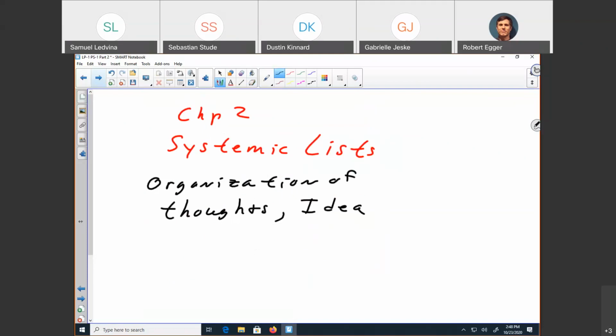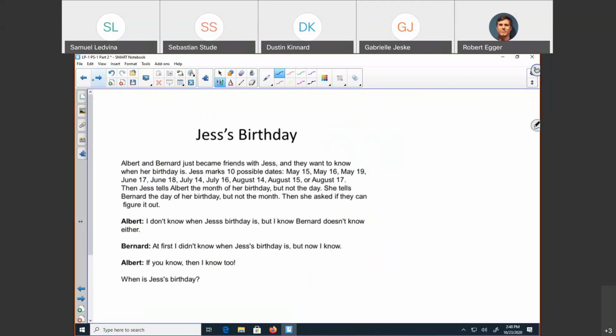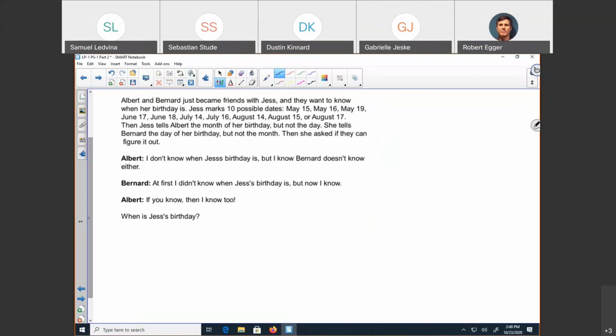All right. And again, I think the best way is by showing examples. So I have here, we go, systemic list. I have a couple, and I'm not sure if this one fully meets the criteria for a systemic list, but I like this one because I do solve it by making a list, being organized.